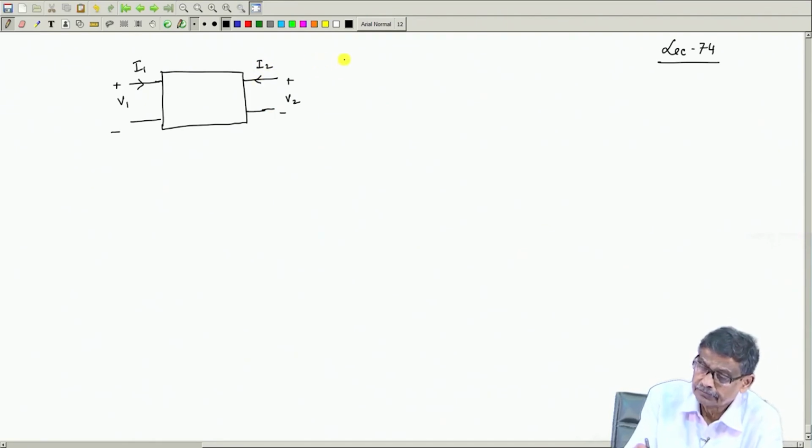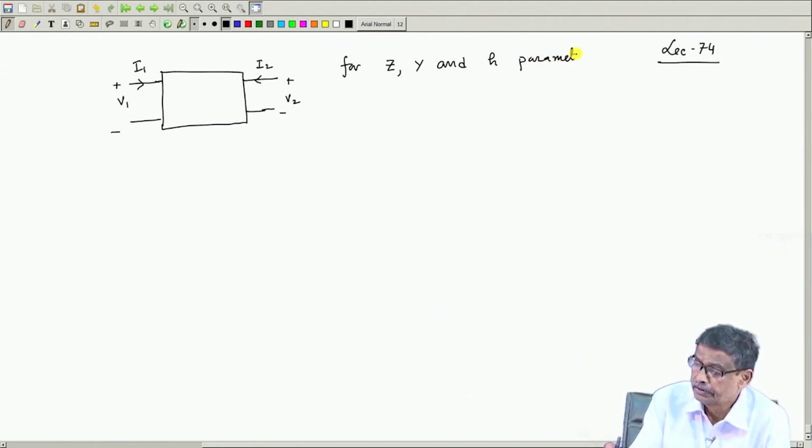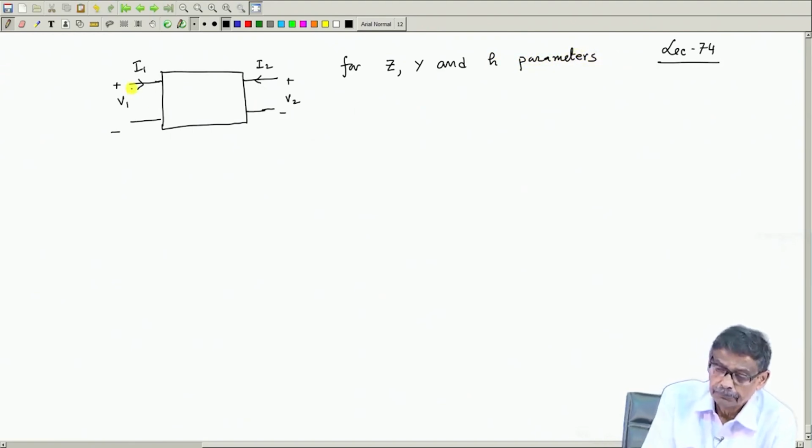This is the convention for Z, Y, and H parameters. We will always assume that both the port currents are going into the network.